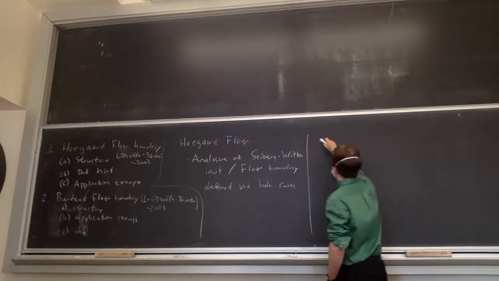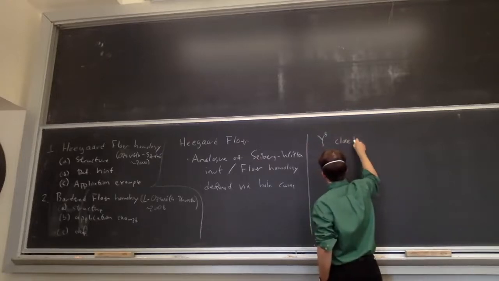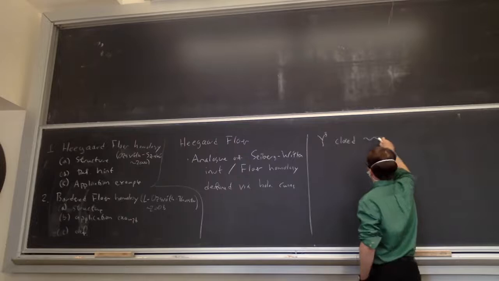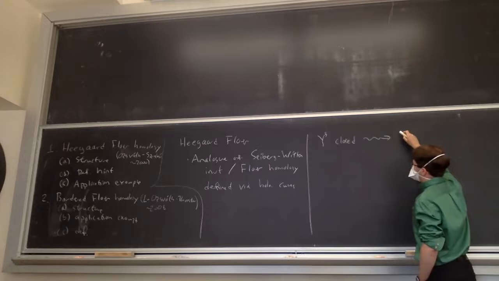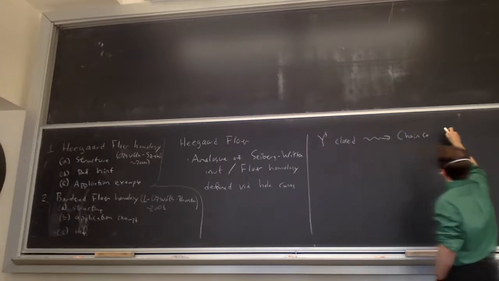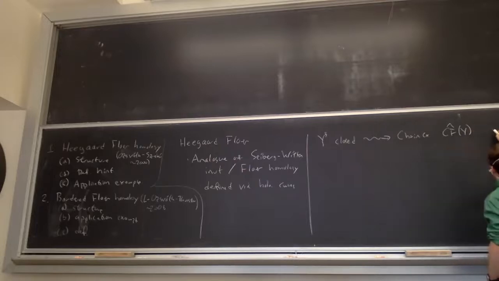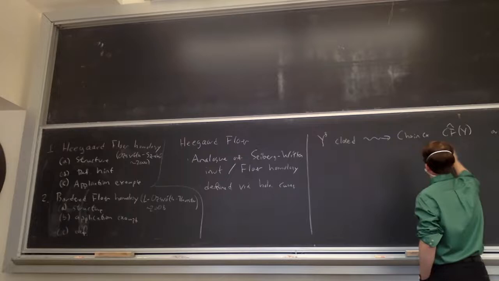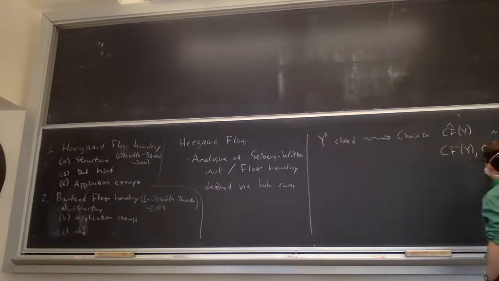So what does it do? It takes a closed three-manifold, and there are a couple of variants. I'll say what they correspond to in a couple of minutes, but it gives you a chain complex denoted CF hat of Y over Z. And there's another version, CF minus of Y. Well, there are a few others: CF minus, CF plus.